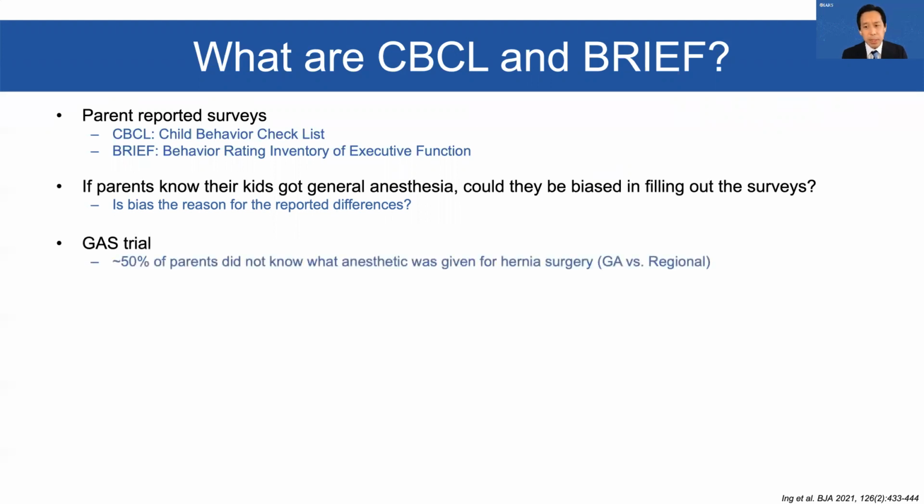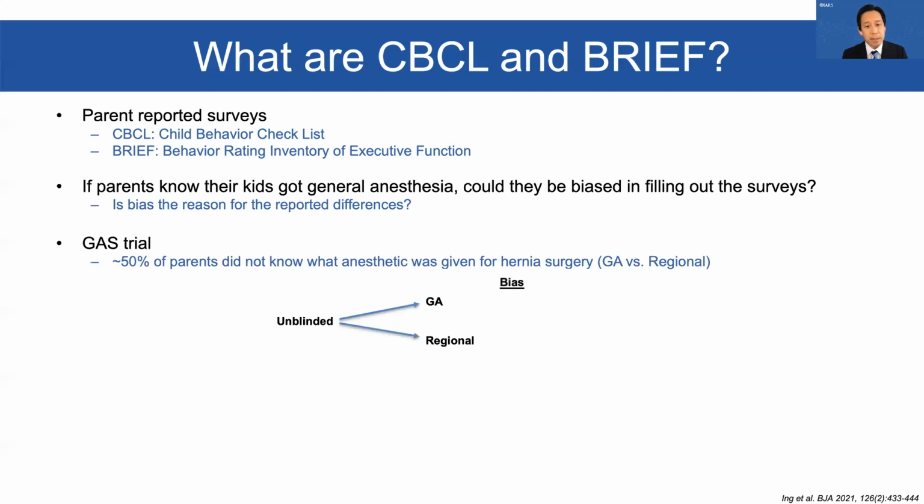The GAS trial is very interesting because approximately 50% of parents were blinded to the anesthetic that their child received, so they did not know if their child got a GA or a regional anesthetic. So in the unblinded parents, the children got either a GA or a regional anesthetic.